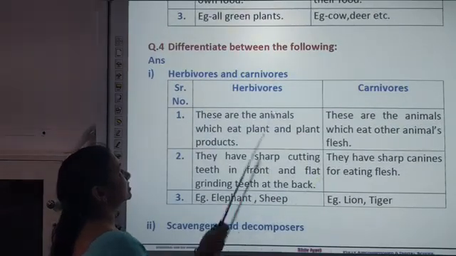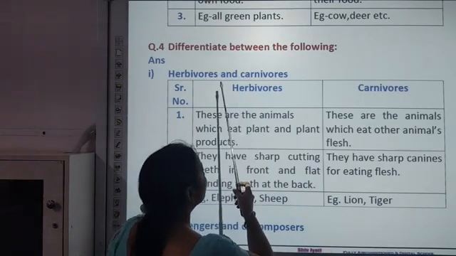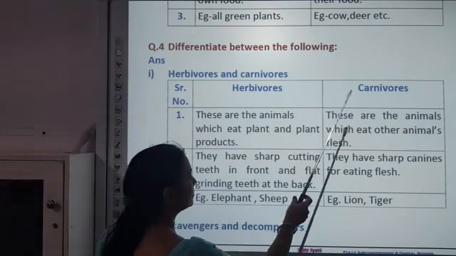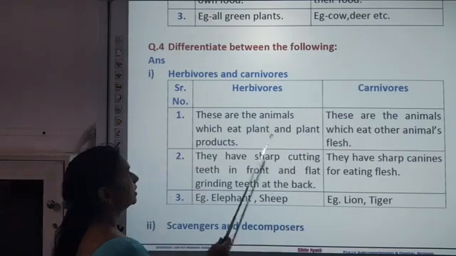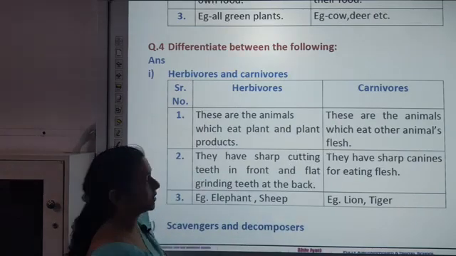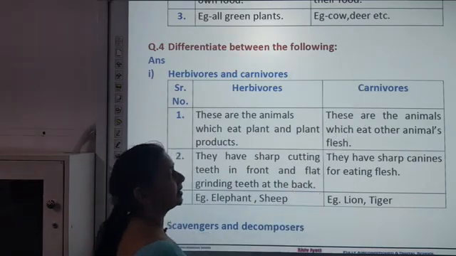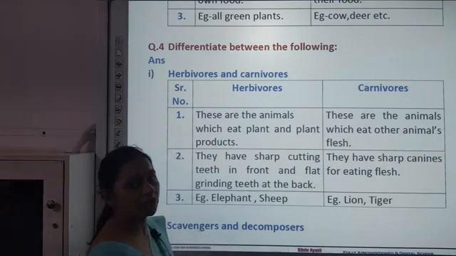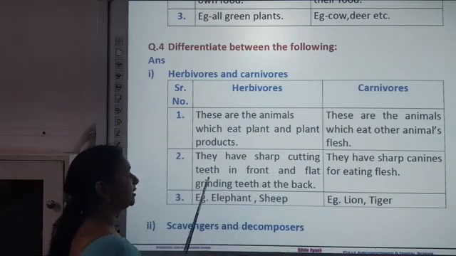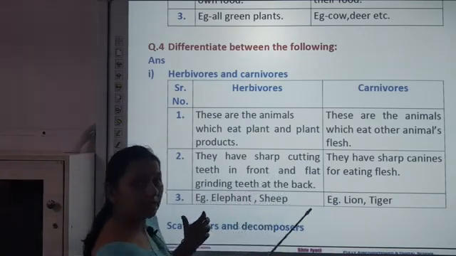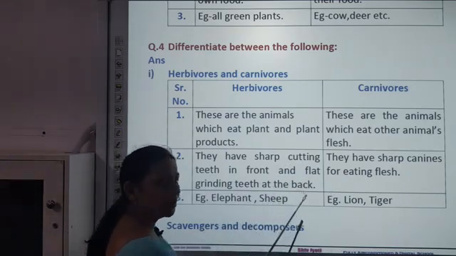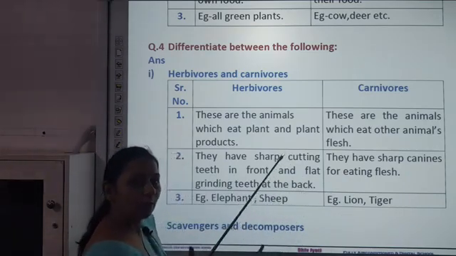Again, the next question is, differentiate between herbivores and carnivores. The differentiation between herbivores and carnivores can be done in the form of a table. Herbivores are the animals which eat plants and plant products, but carnivores are the animals which eat the flesh of other animals. Herbivores have sharp cutting teeth in front to bite leaves, and flat grinding teeth at the back to chew the food properly.